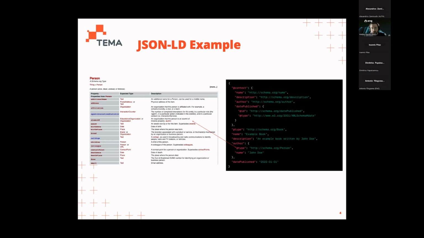So this is a short introduction to JSON-LD just to understand why the NGSI-LD standard is an interoperable standard. But JSON-LD is more than that. So this is not the purpose, but this is the key feature of JSON-LD and why JSON-LD is an interoperable data format.